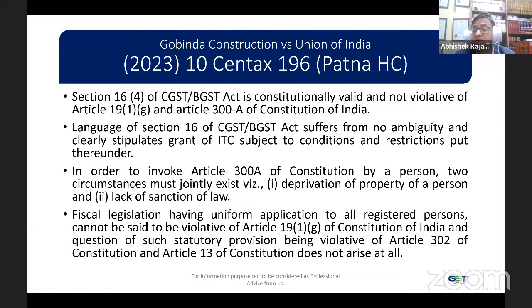The Honorable Patna High Court in Gobinda Construction rejected it, saying that Article 300A can only be invoked by a person.